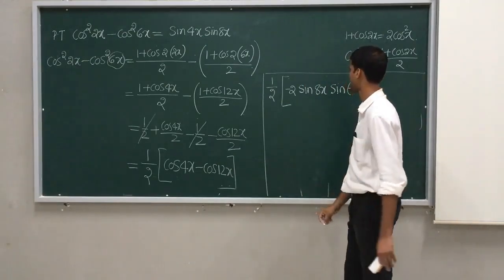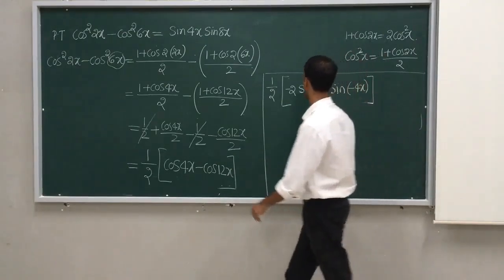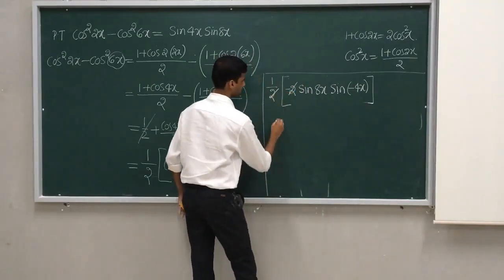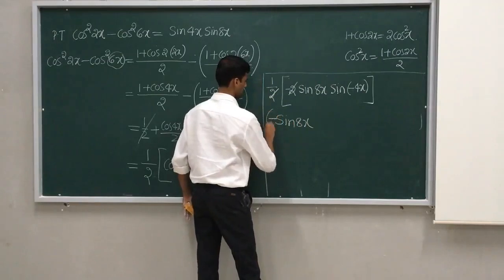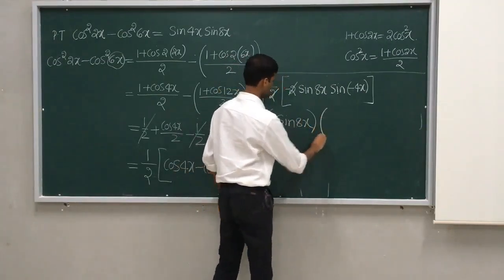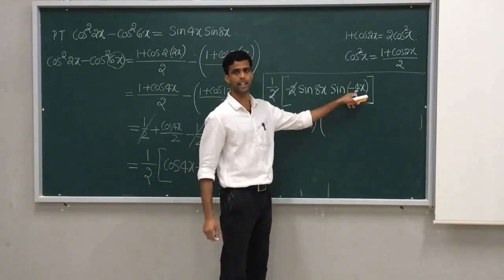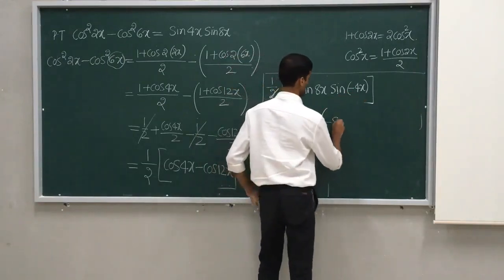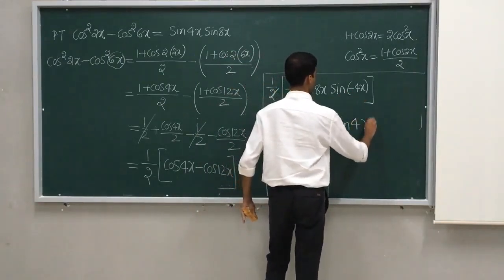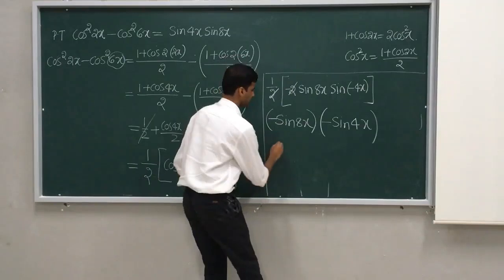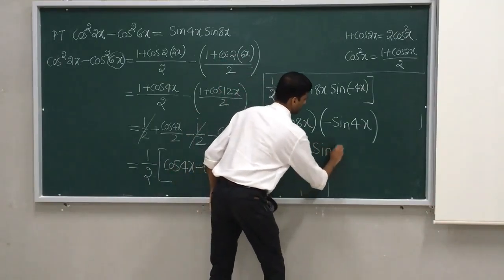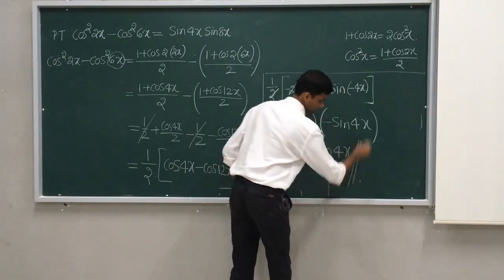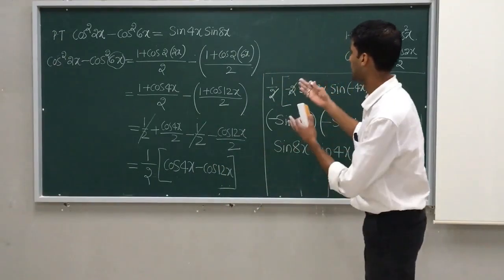I have written directly. Now this 2 gets cancelled. You are left with sin 8x with minus sin, and sin of minus theta is minus sin theta. Yes. So minus minus becomes plus. You got sin 8x sin 4x. So sin 4x sin 8x.